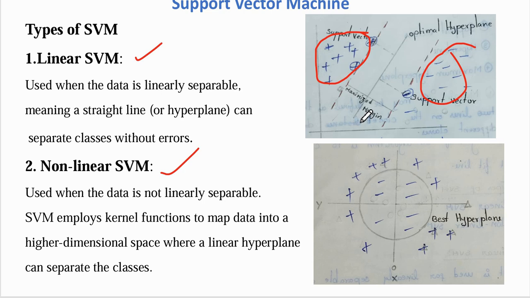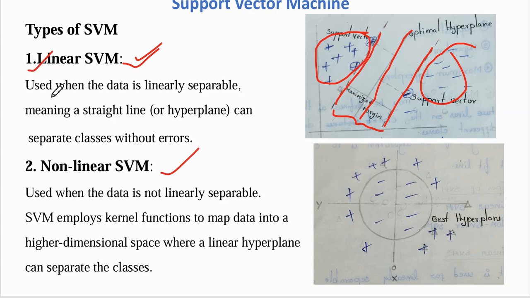We can easily separate the data with the help of the hyperplane, with positive class hyperplane and negative class hyperplane, with maximum margin. Then that machine is called the linear support vector machine.